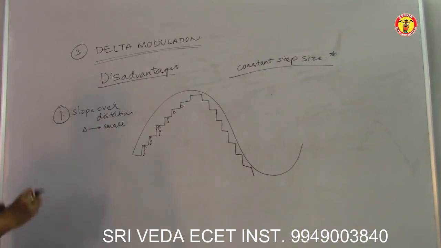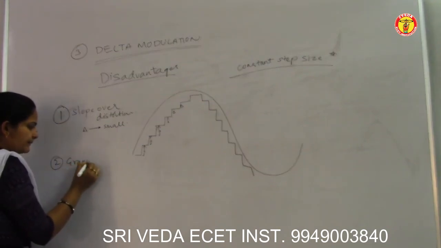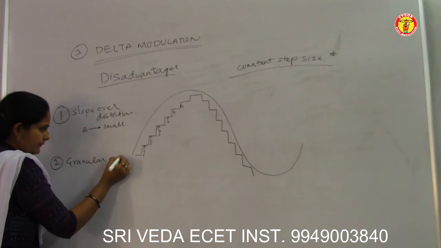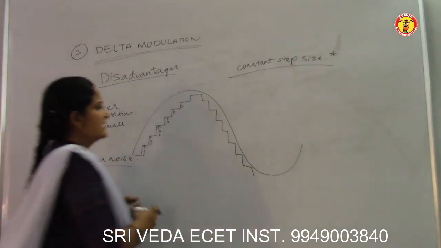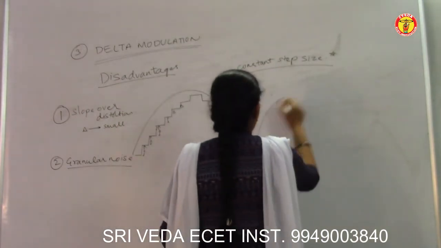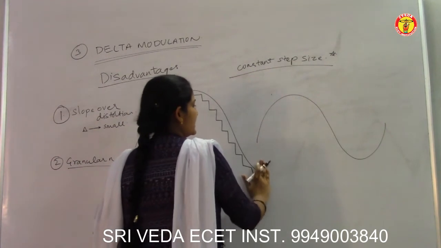Okay, and the next type of distortion is granular noise. So what is that? Take another signal like this. This is my continuous signal.